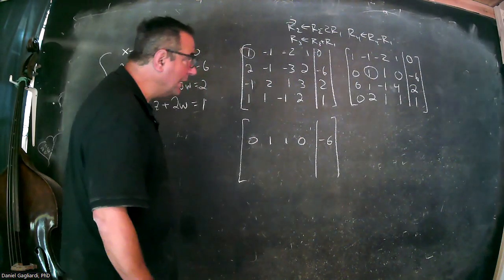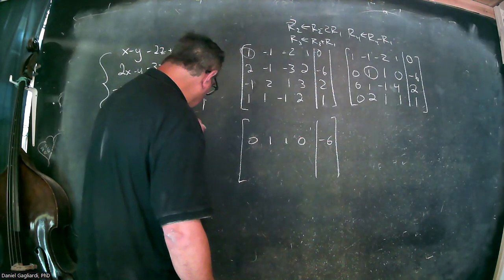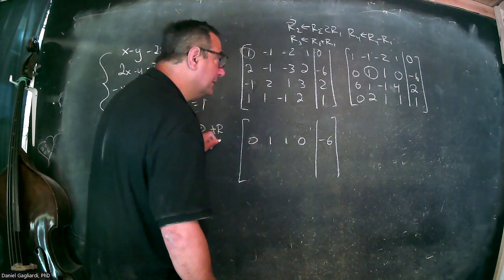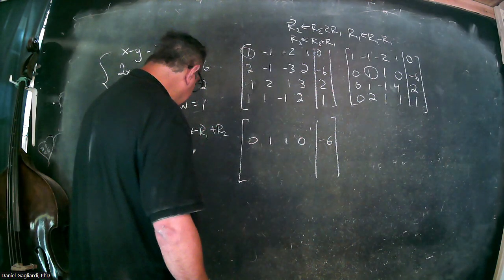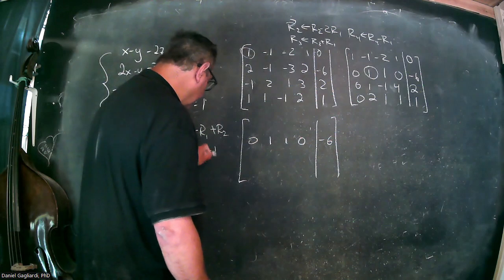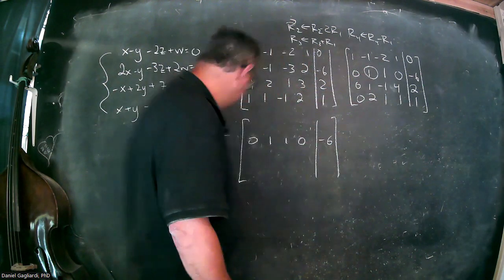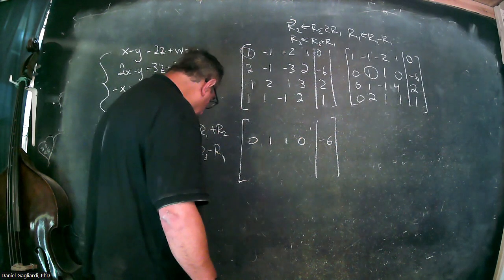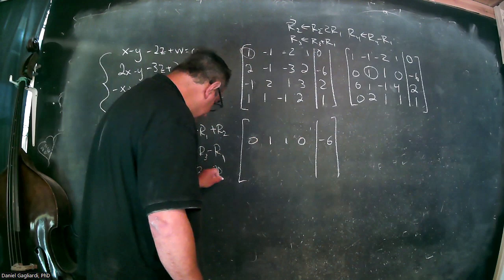And so what I'll do is replace row 1 with row 1 plus row 2. Simple as that. And then I'm going to replace row 3 with row 3 minus row 2, to get rid of this one here. And then I'll replace row 4 with row 4 minus 2 row 2s.